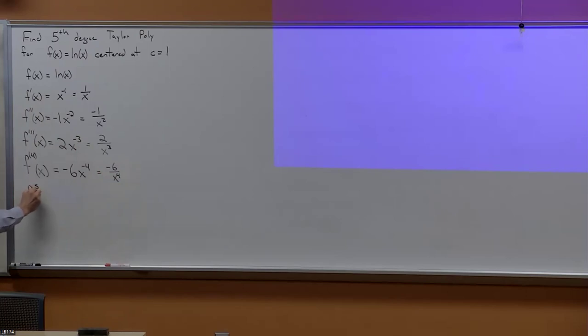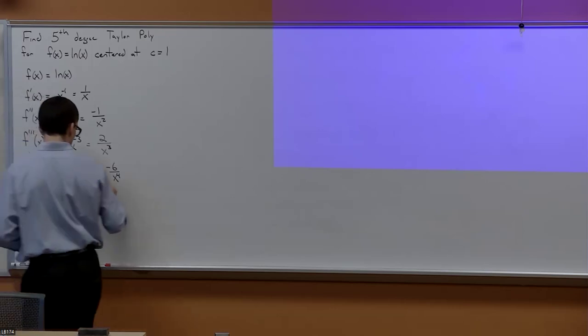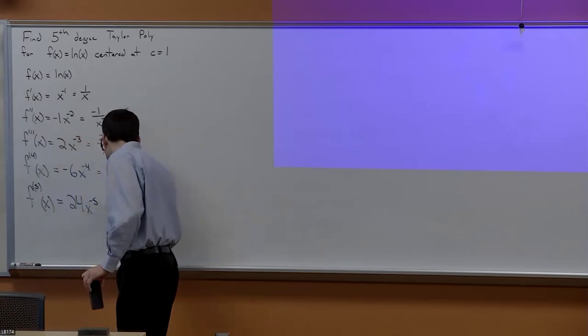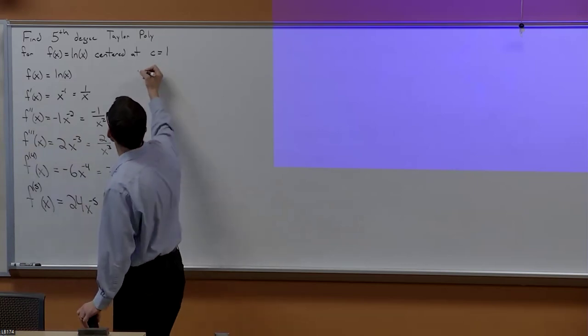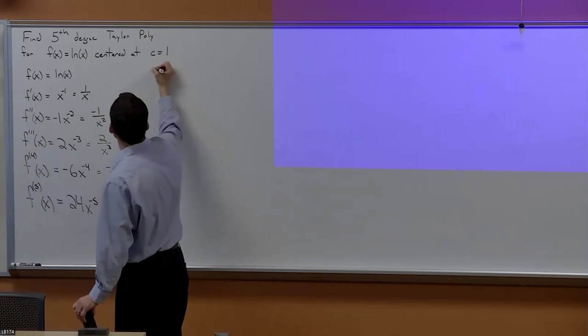And then my fifth derivative, -4 times -6 is a positive 24. Lower my exponent by 1, I get x to the -5. Which as a fraction is 24 over x to the fifth. Now we wanted to center this thing at 1.